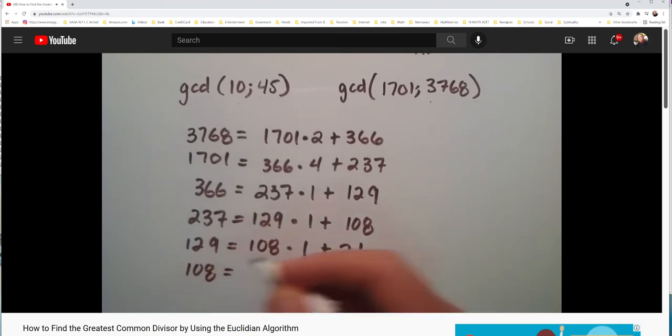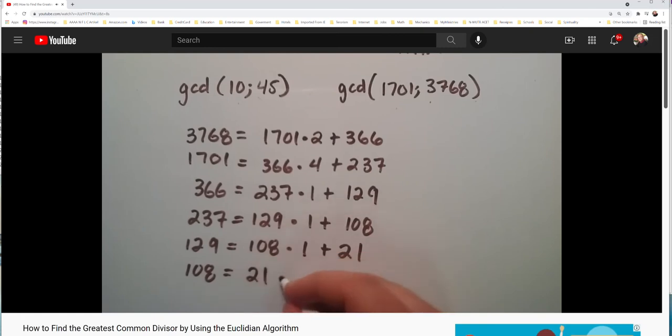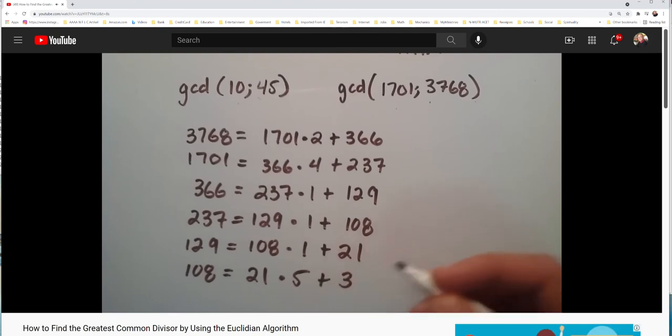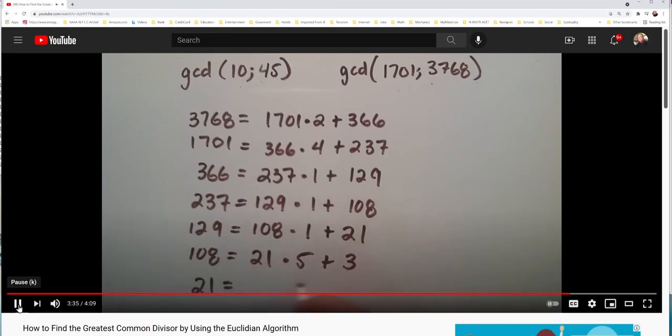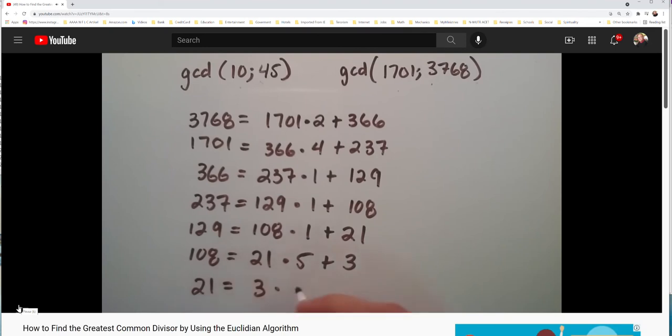So 108 is equal to 21 times 5 plus 3. And then one last step, moving the 21 to the left-hand side, and the 3 to where the 21 was. 3 goes into 21 7 times with a remainder of 0.